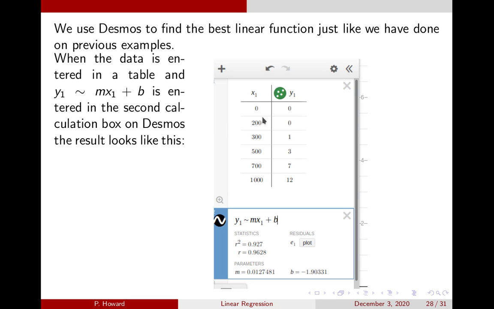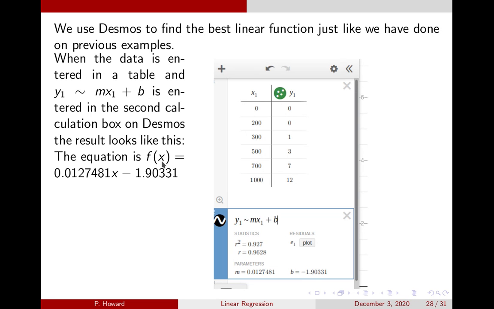Here's the table with the data entered. Here's the second calculation box, and the numbers we are interested in, since we're trying to find the best linear function, are the two numbers m, the slope of the best linear function, 0.0127481, and b, the y-intercept, minus 1.90331.